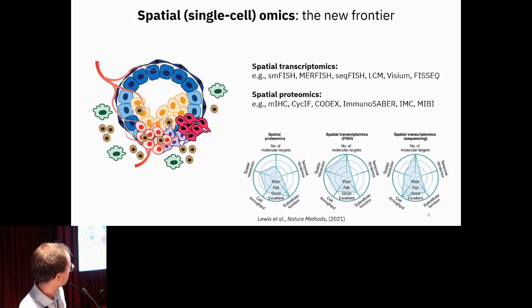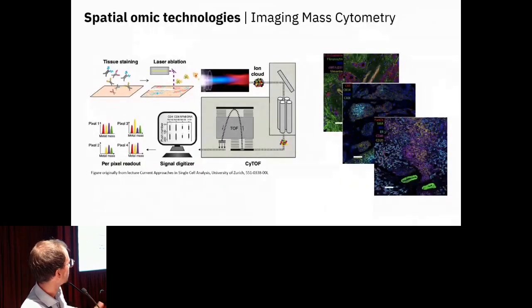The main difference between the spatial transcriptomics and the spatial proteomics technologies is on one hand the number of molecular targets that they quantify, and also, for example, the resolution at which they do that. But all of those technologies produce some kind of images or an image-like output.